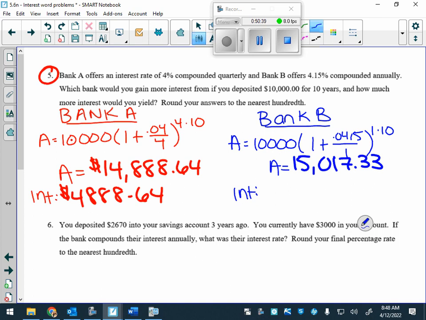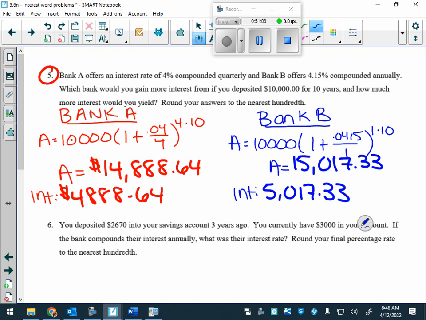You take your total and you subtract your principal. That's how much interest you gain. Okay, so for your interest for Bank B, $5,017.33. Okay? Which bank gained more interest? Yeah.